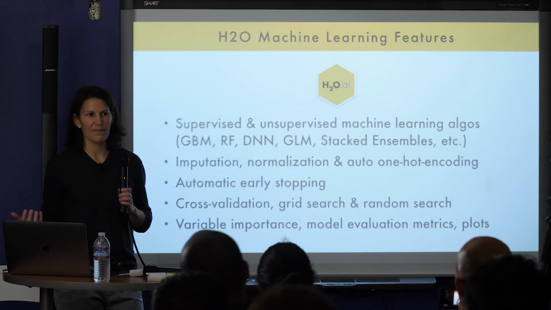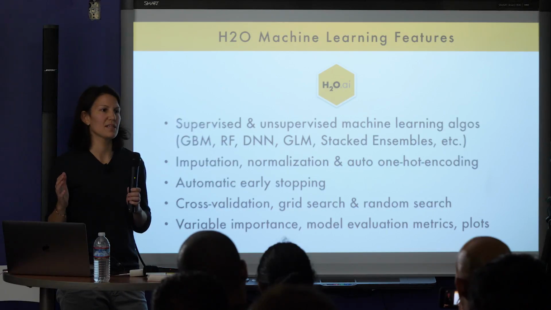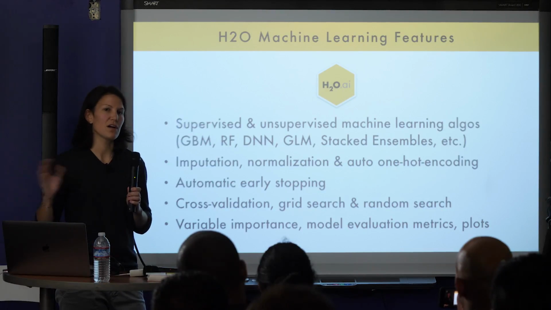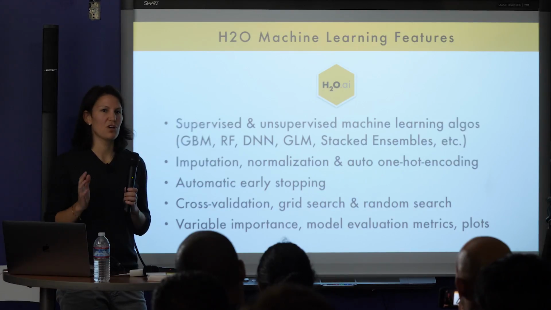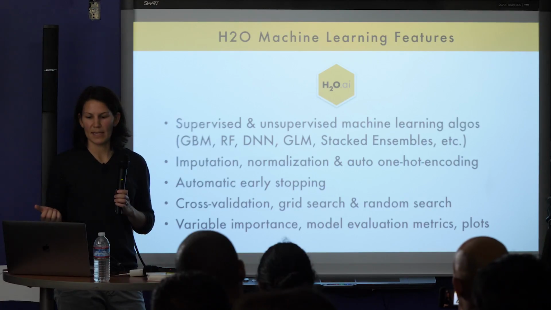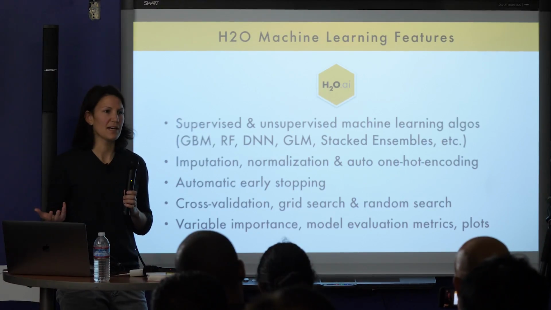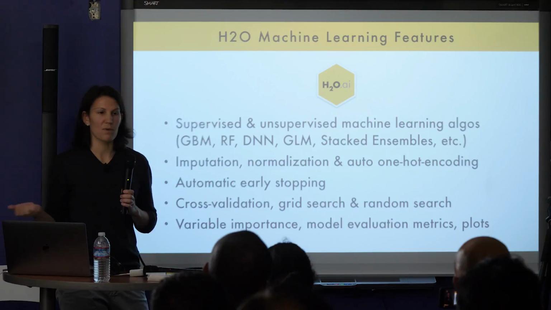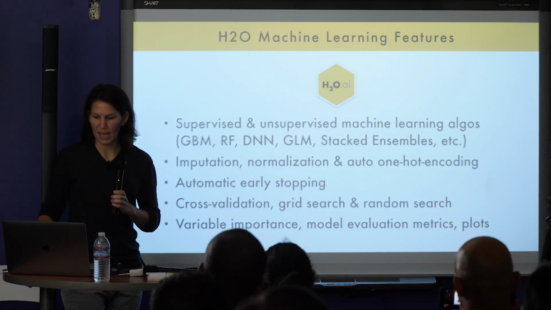So we have a smaller selection of algorithms than, let's say, scikit-learn, or if you're an R person, caret or MLR. But the ones we've chosen are, we think, the most useful, and they can also scale. That's why we've chosen the ones that we have.